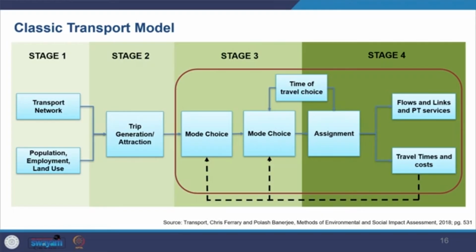The second stage is collecting data on what kind of population is there, what kind of land use is there, and how the traffic flows. You model that, and you also estimate the total number of trips generated. So how many trips are really generated because of the population which is moving, and how it attracts each zone.